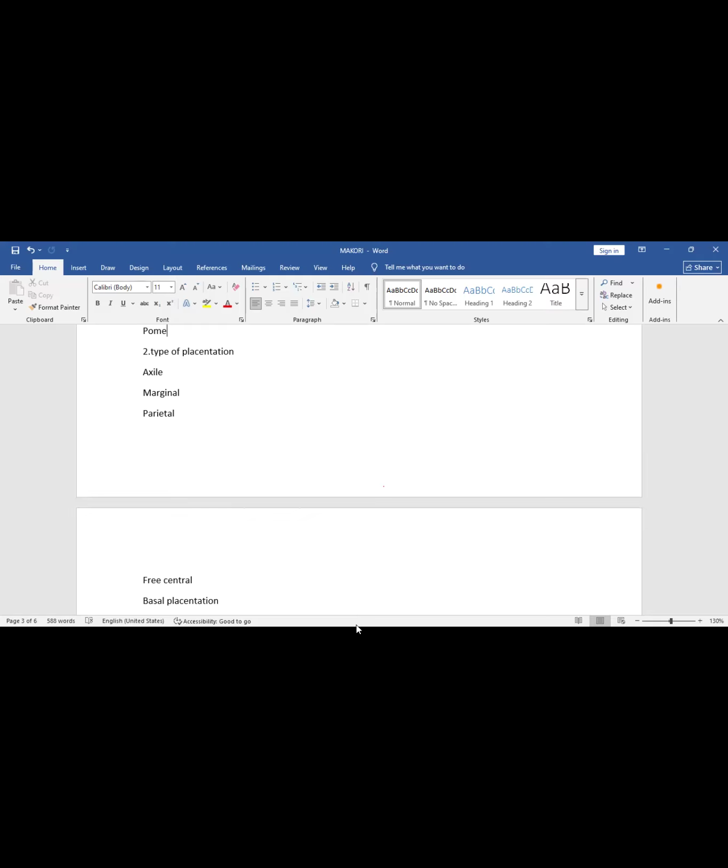Parietal, you can see the ovules are arranged at the periphery. Even they have explained it there, at the periphery. An example is the passion fruit. We have got the pumpkin. Whenever you are cutting it, you can observe that. We have got the free central. That is at the center. The placenta is there within the center. Then the seeds or the ovules are arranged around that placenta.